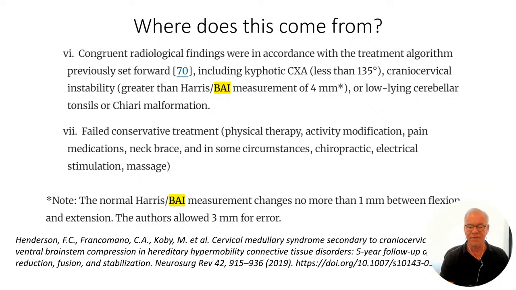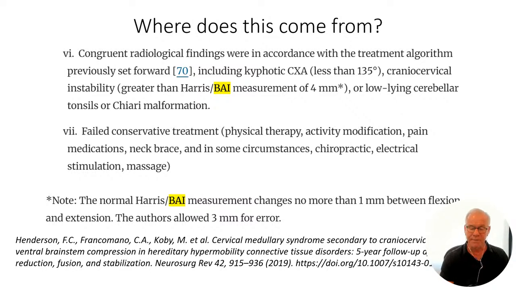Well, the reference given is this paper by Henderson, where he talks about very reasonably that the normal BAI measurement says no more than 1 millimeter between flexion and extension. We added 3 to that for error. Seems pretty reasonable. So we use a BAI or translational BAI measurement of 4 millimeters.